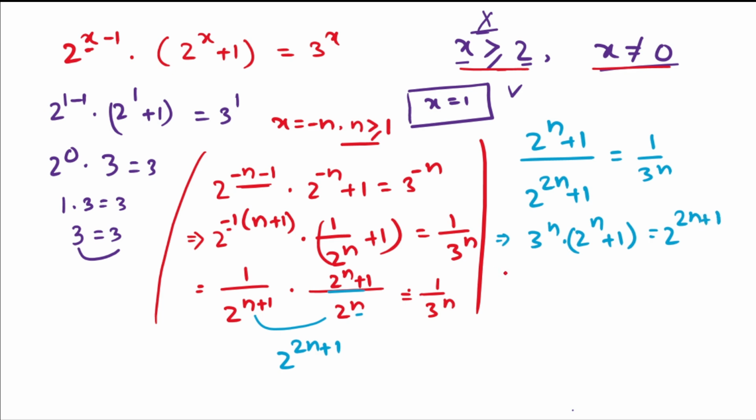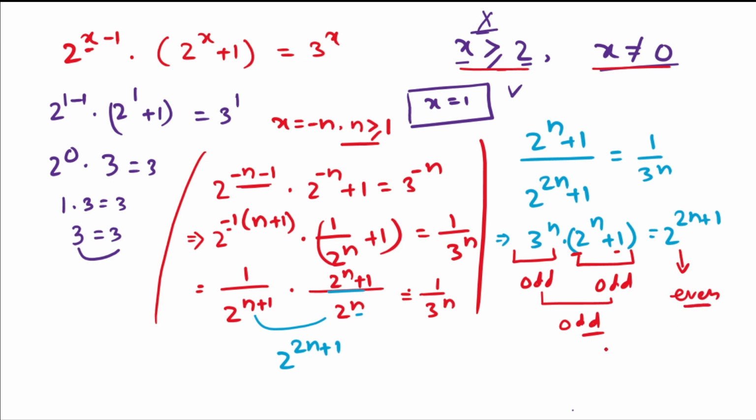Now again we'll use the multiplication of odd and even. 3 raised to the power n will be an odd number, and here 2 raised to the power n will be an even number, and plus 1 will be an odd number. So the value of this term will be odd, and the multiplication of odd and odd will be an odd number, and here it is a power of 2, so the value will be an even number.